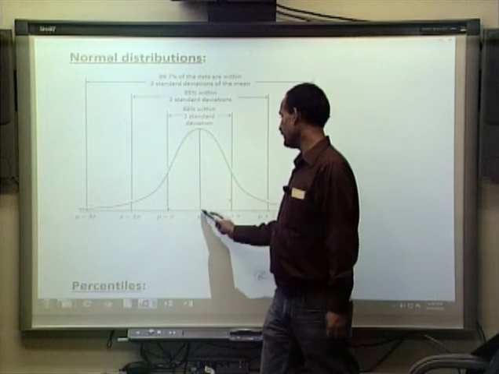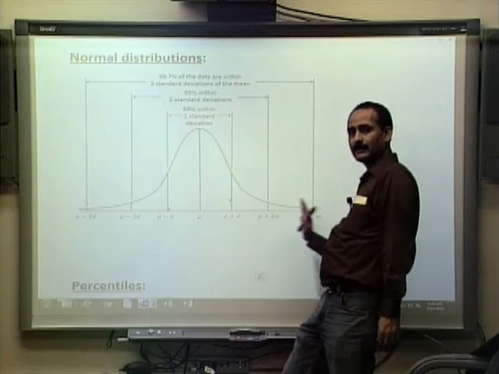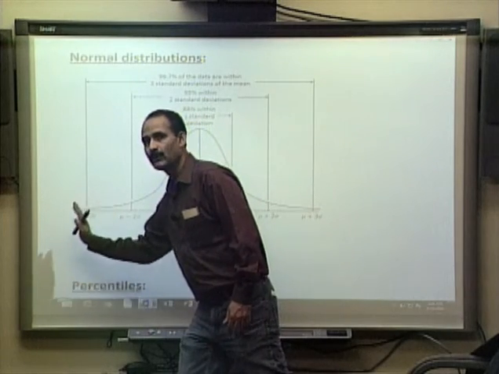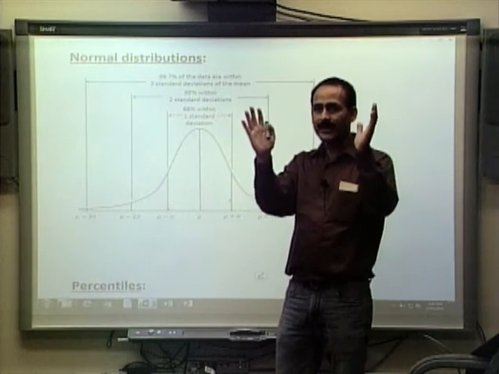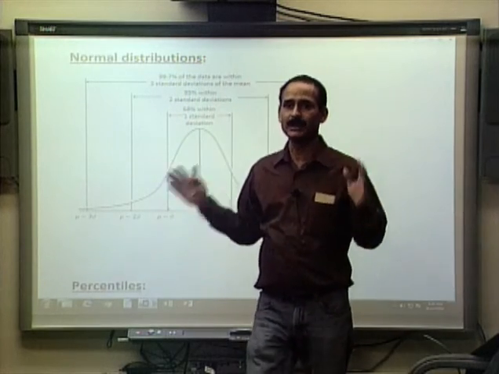That means from the mean we go 3 standard deviations to the right and 3 standard deviations to the left, and we will be capturing 99.7% of the data.